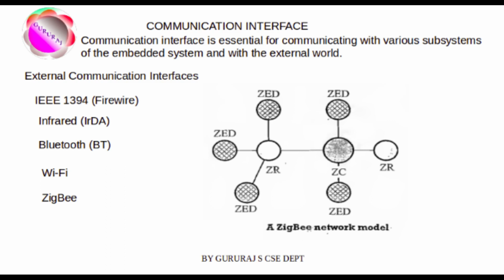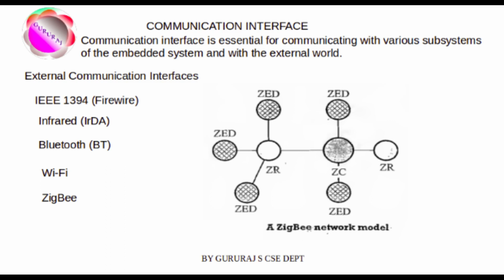Each Zigbee device falls under one of the following categories. The first category is the Zigbee coordinator or network coordinator. The Zigbee coordinator acts as the root of the Zigbee network. It is responsible for initiating the Zigbee network and has the capability to store information about the network.